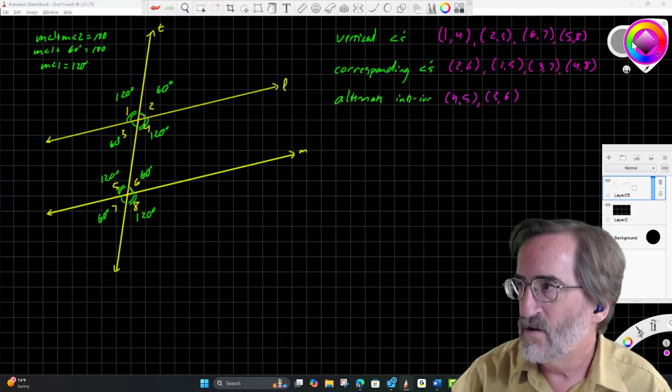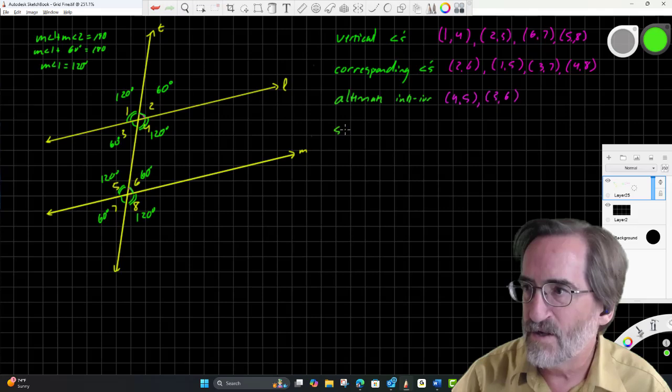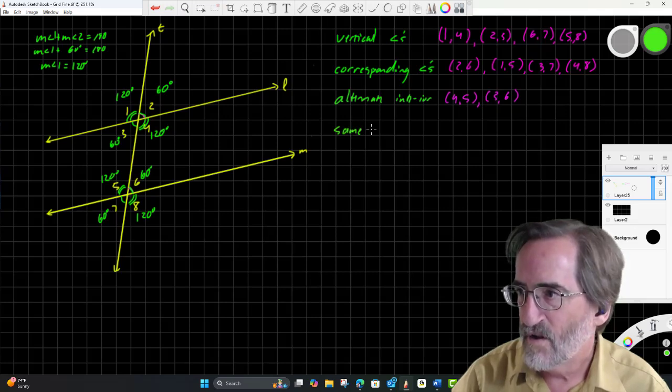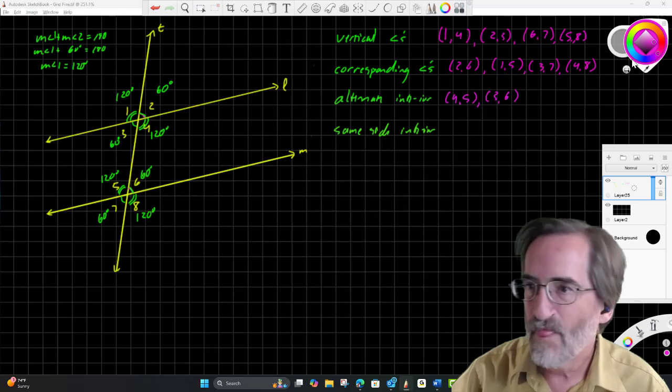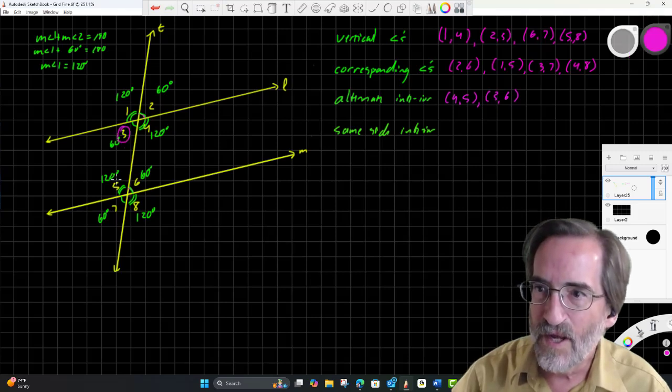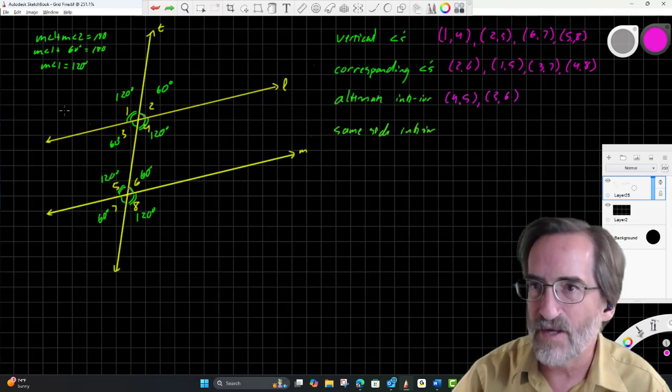There are same side interior angles. Those are angles 3 and 5. And notice they're not congruent. They add to 180 degrees. The word for that is supplementary.